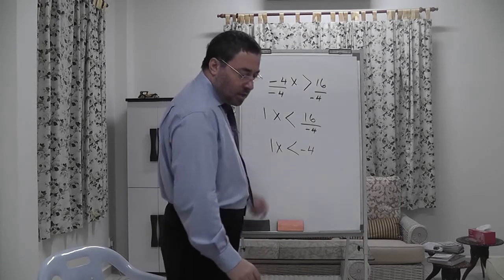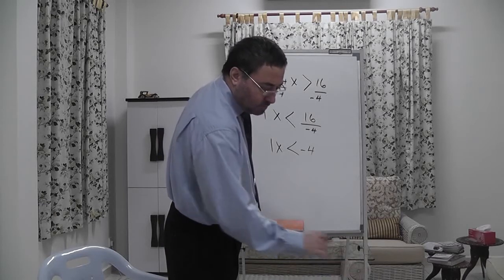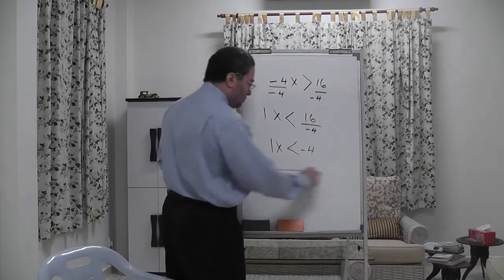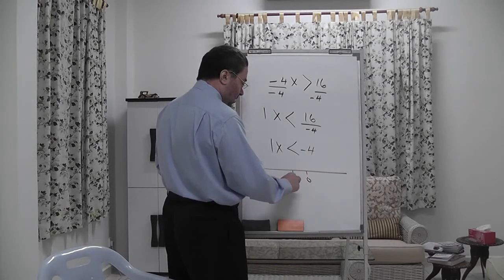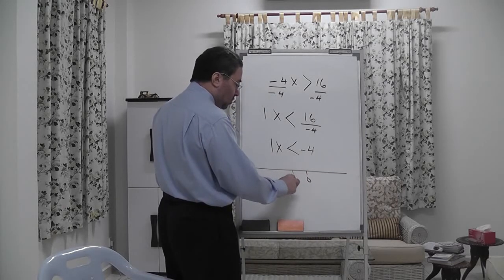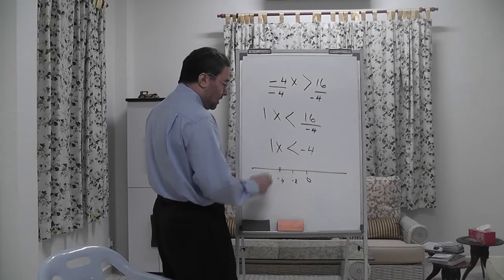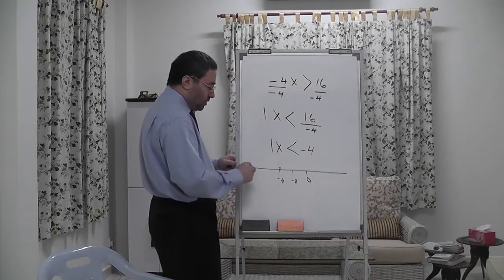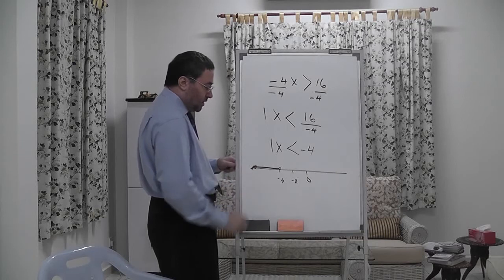This is the solution for this inequality, and we graph it. We put minus 2 and then minus 4. And x is less than minus 4, so we have an open circle on minus 4, and we go all the way till the end this way.